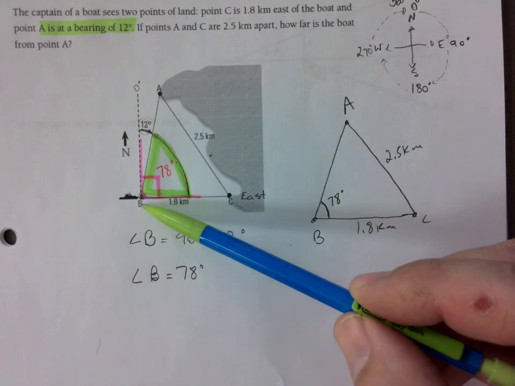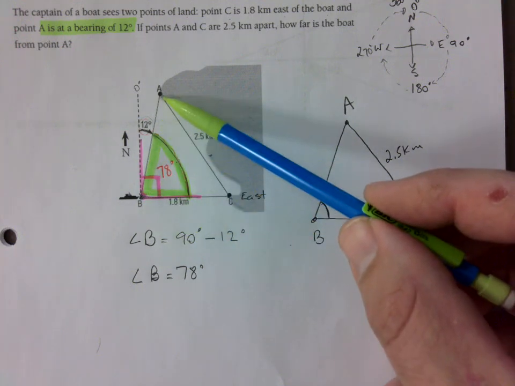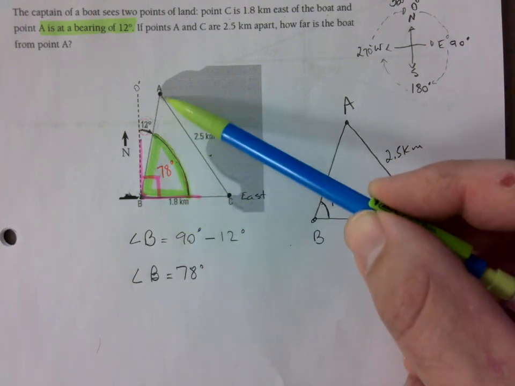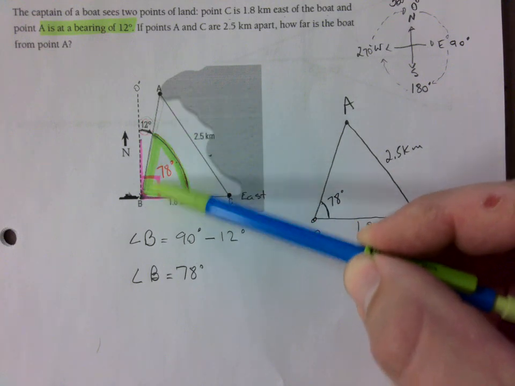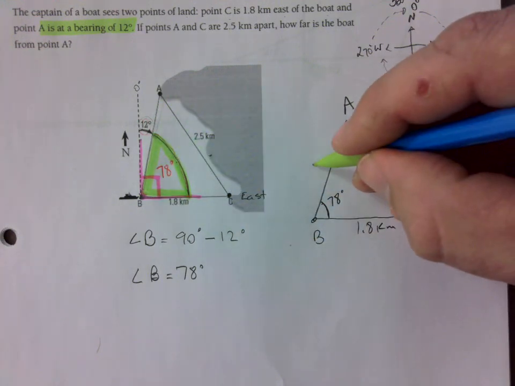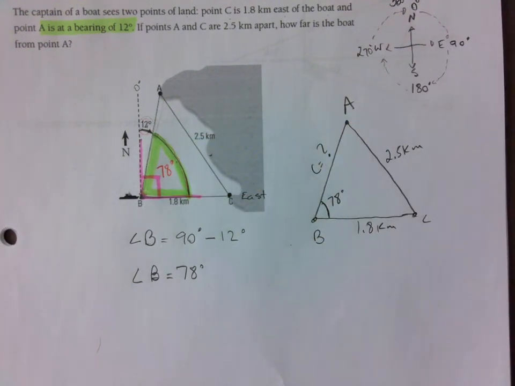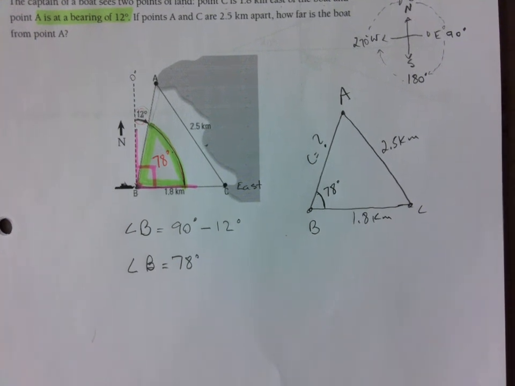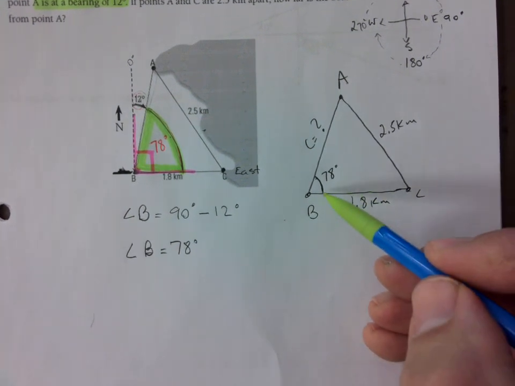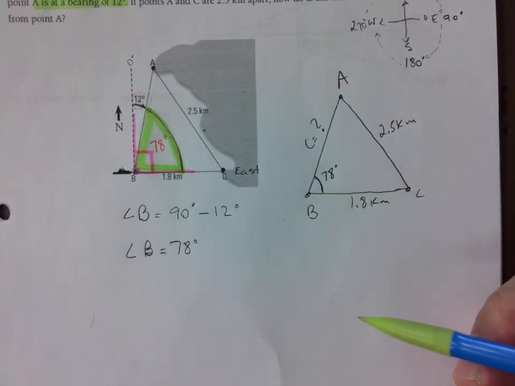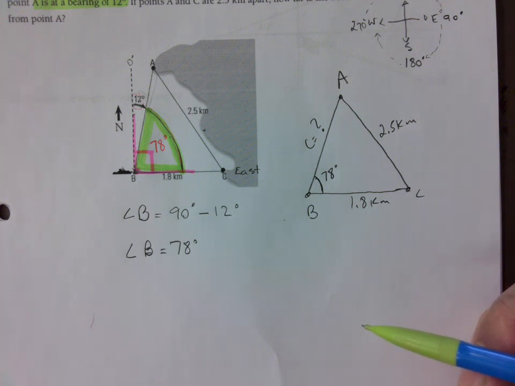So if this is the boat here, it wants to know how far it is from point A. So this distance here is what we're not sure about. We don't know what that is. So this is C, and that's our question mark. So what law am I going to use? Sine law, right? Yeah.